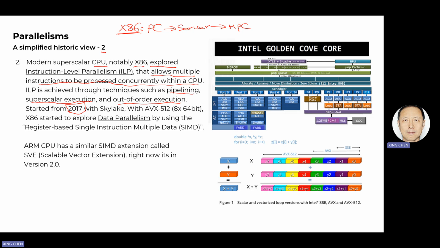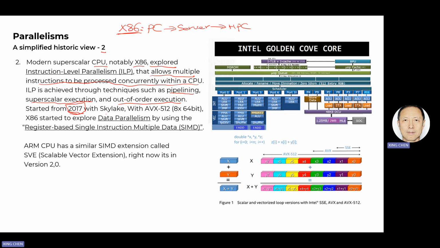Now, that gave you a performance increase. But the fact is that instruction level parallelism is not enough to deliver the performance required by the industry. So it's not enough.